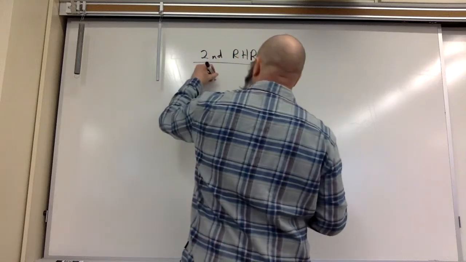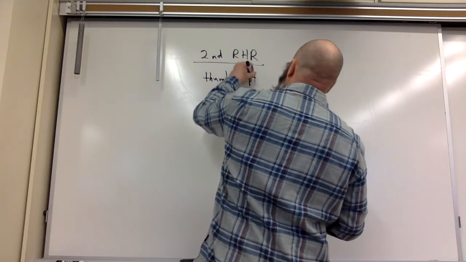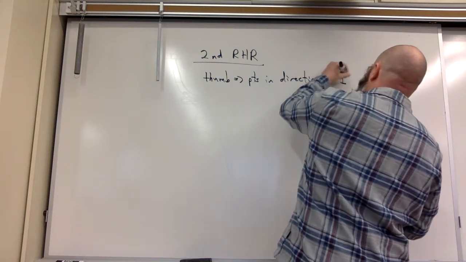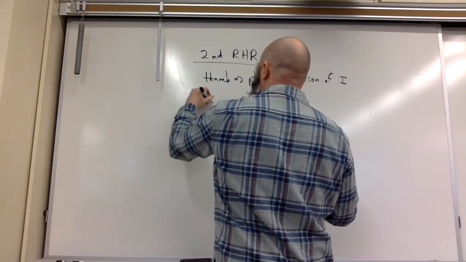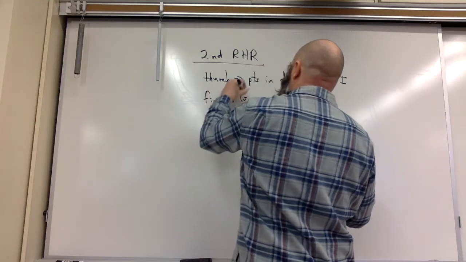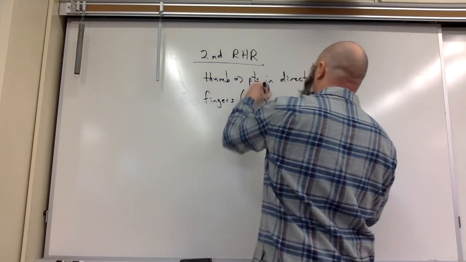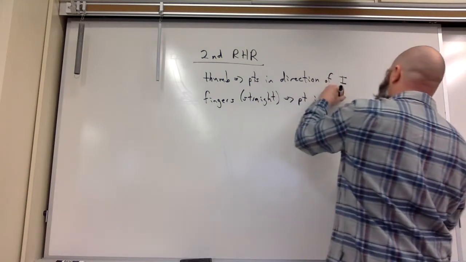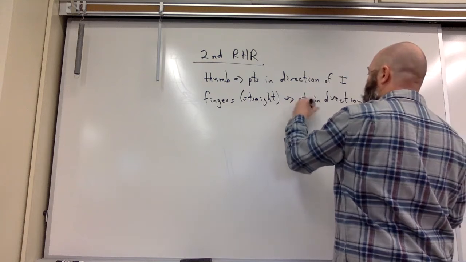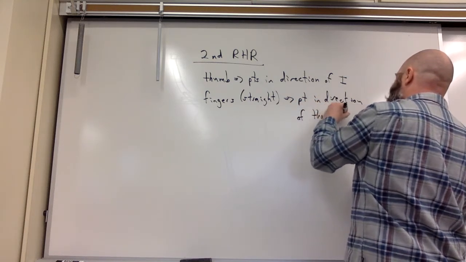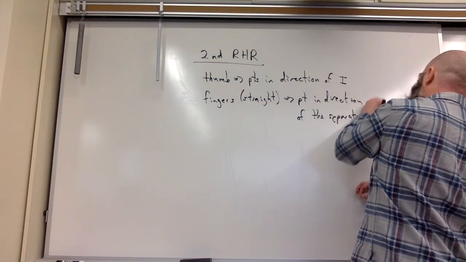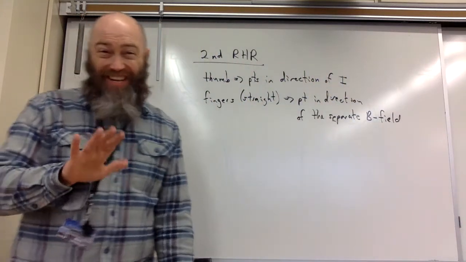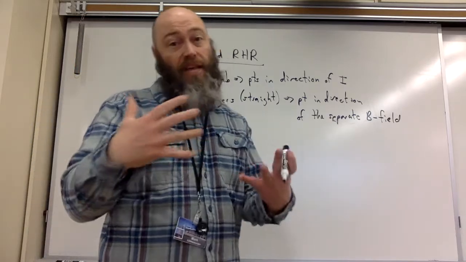So your thumb points in the direction of I. Your fingers are straight and point in the direction of the separate magnetic field, which in this case is from the magnet.